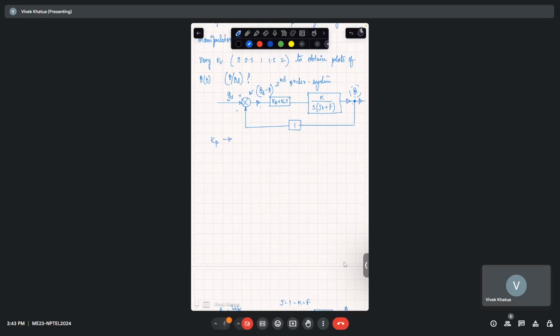Kp is proportional gain, Kv or Kd is derivative gain, Ki is integral.